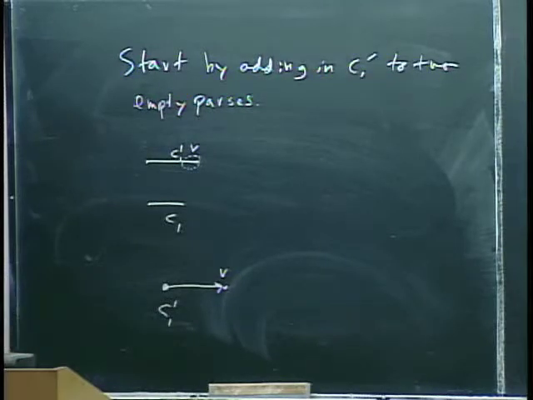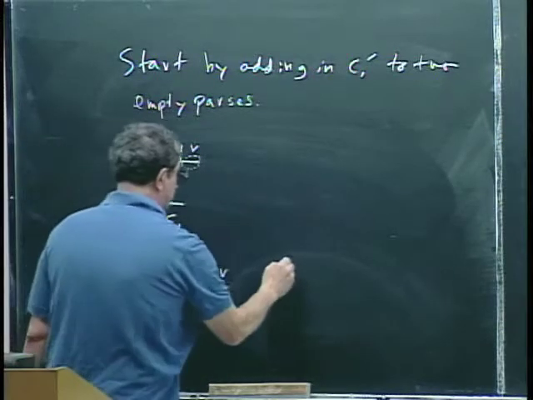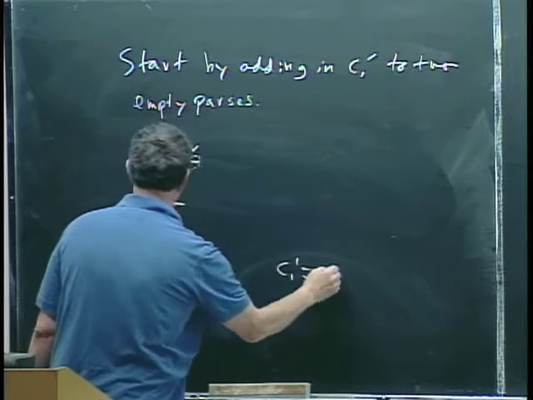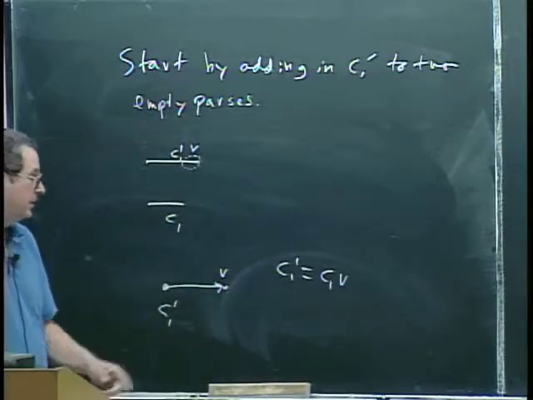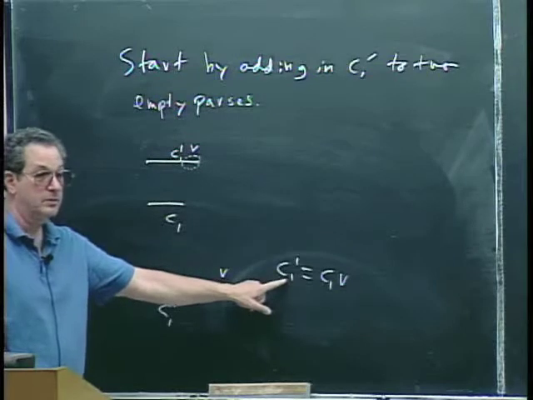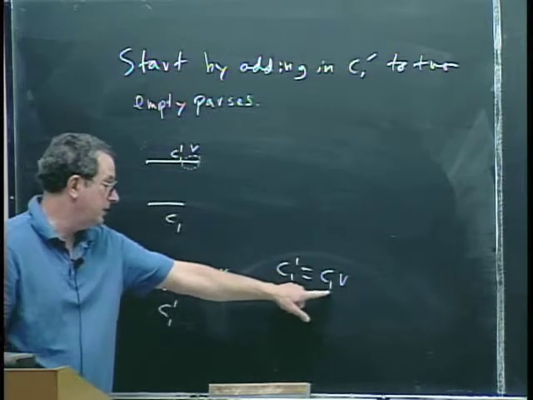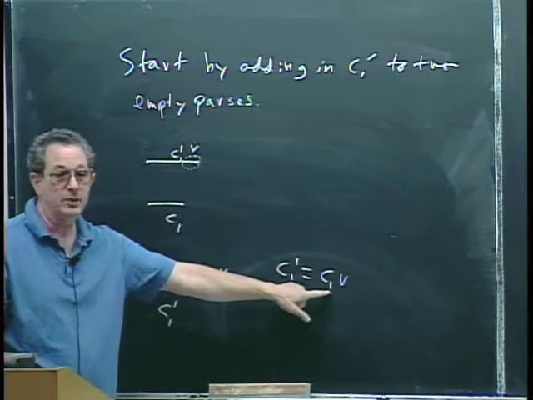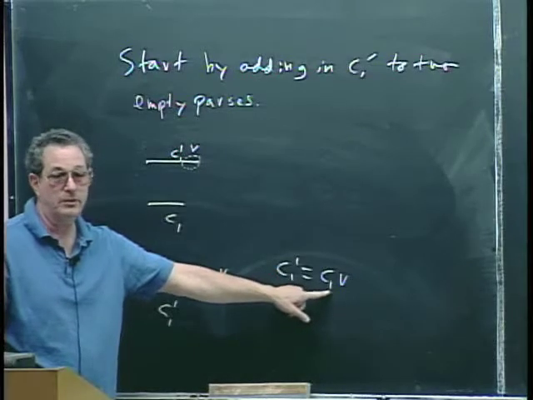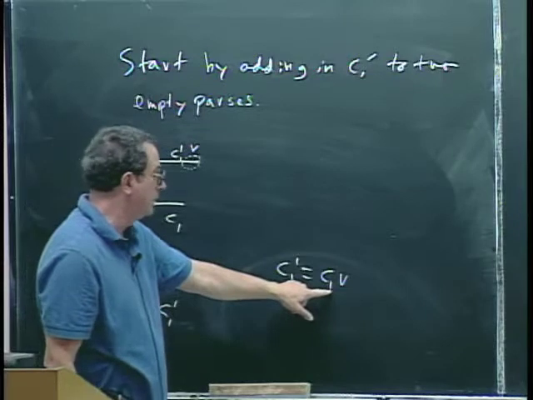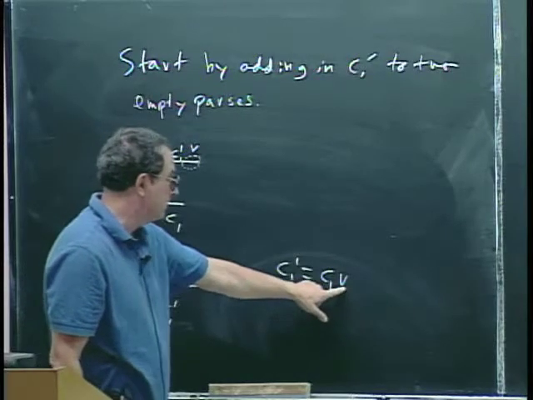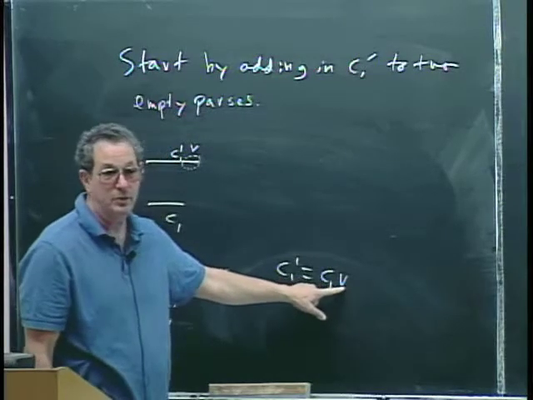Well, isn't it true that C1 prime is equal to C1 followed by V? This is a code word. This is a suffix of a code word. It's one of those degenerate or trivial code suffixes, which happens to be a code word itself.